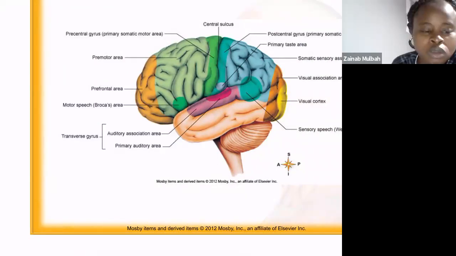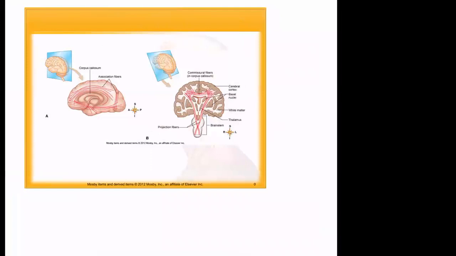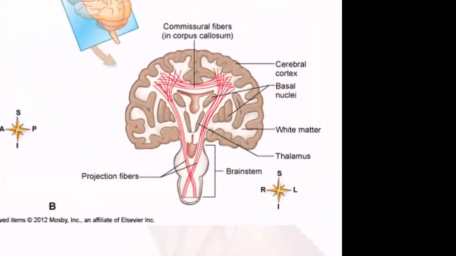Dr. Stanley, yes. I missed something. You talked about something that runs from one side to the other. What is the name of that? There's a fissure, a groove that goes from the front to the back, and that separates the brain into two sides, a right side and a left side, the cerebrum.